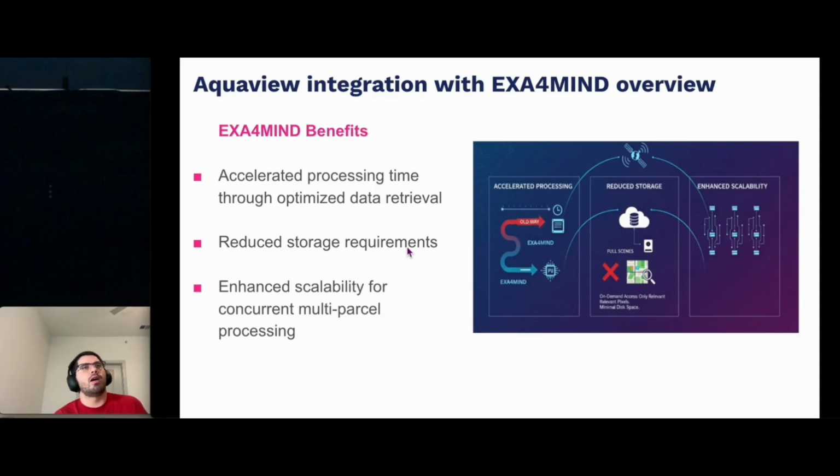We can see a reduction of the storage requirements and an enhanced scalability for concurrent multi-parcel processing. So it means that we can download many more images that cover a bigger area of interest.